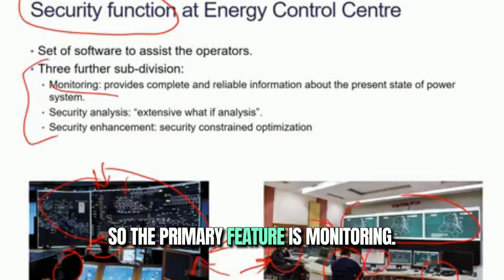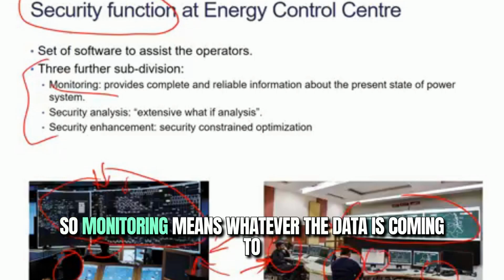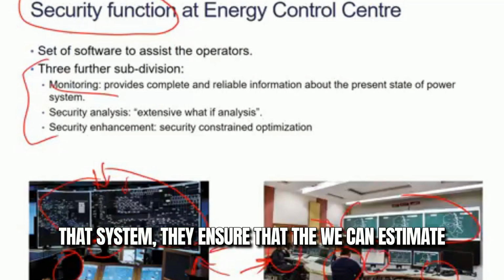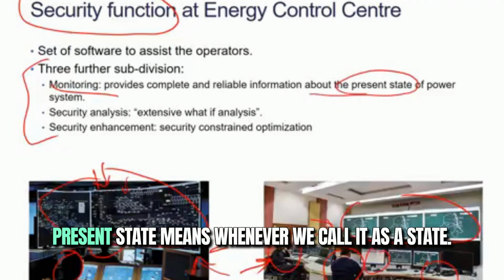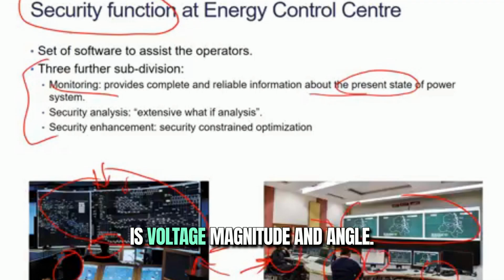So the primary feature is monitoring. Monitoring means that whatever data is coming to that system, they ensure that we can estimate the present state of the power system. The state of the power system is the voltage magnitude and angle.